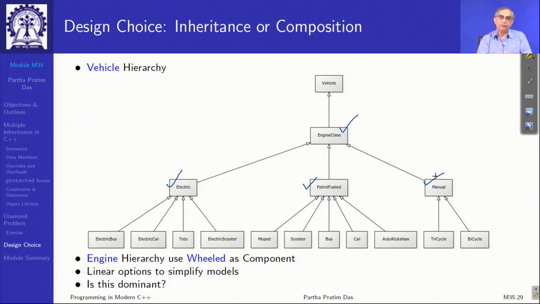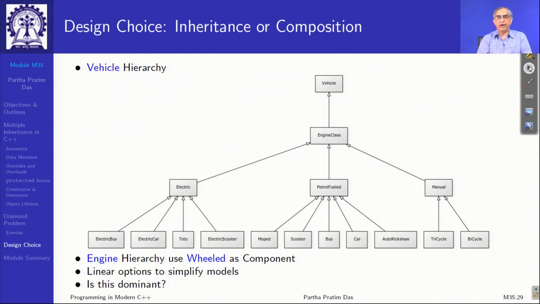Wheels are not just the number of wheels, it has a lot of other consequences. So, you can do the inheritance on the engine and use the wheels as composition.